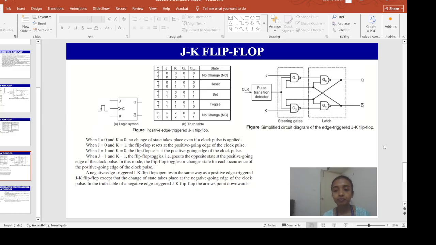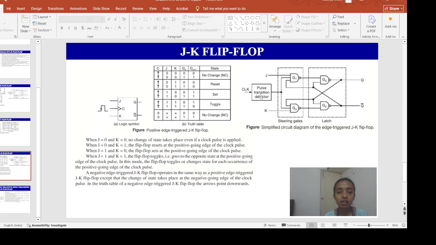Now if we see the internal circuit diagram of this JK flip-flop, first consider this output Q is 0 and Q bar is 1, and J and K both are 1.